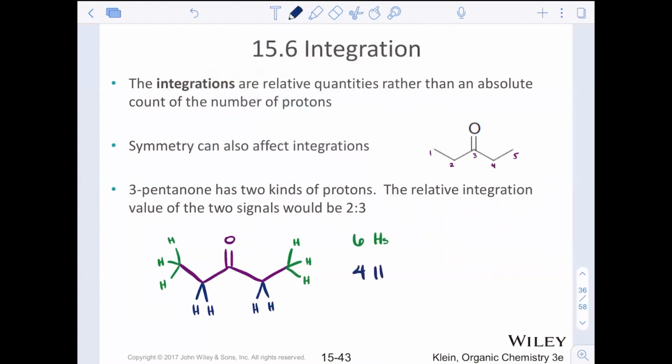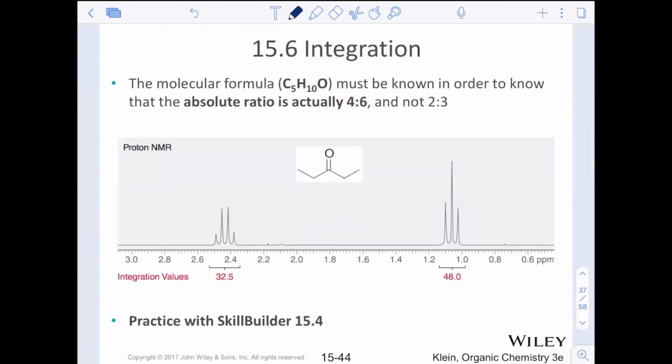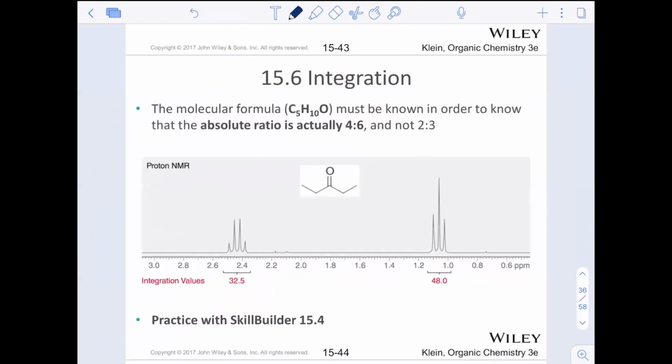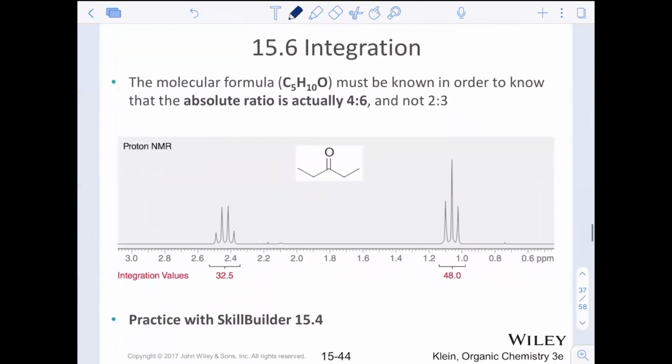But what the computer doesn't really understand is that this is a molecule, right? The computer just understands numbers and smallest whole number ratios. So it would spit out a value of 2 to 3, not 4 to 6. All right, so be aware of symmetry. And so what we would see is this type of an idea where we'd divide by 32.5, divided by 32.5.